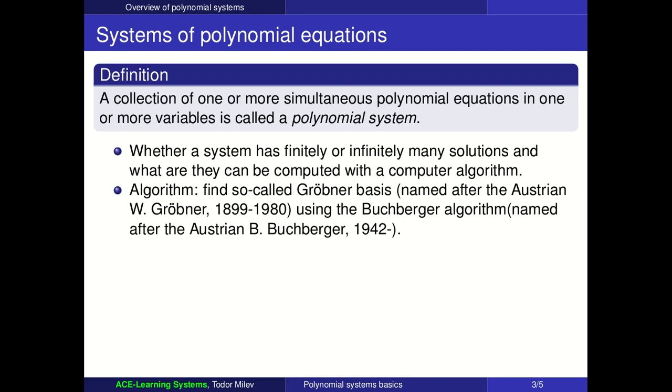Actually, you do that using the Buchberger algorithm. That algorithm is named after the Austrian mathematician Bruno Buchberger, who was a student of Grobner. And then use the so obtained Grobner basis and techniques from the subject of elimination theory to explicitly find the solutions of your polynomial system.